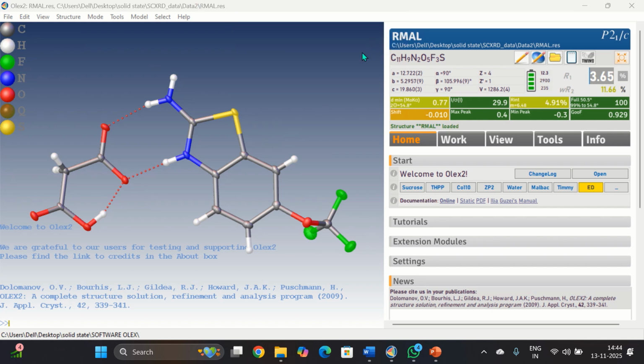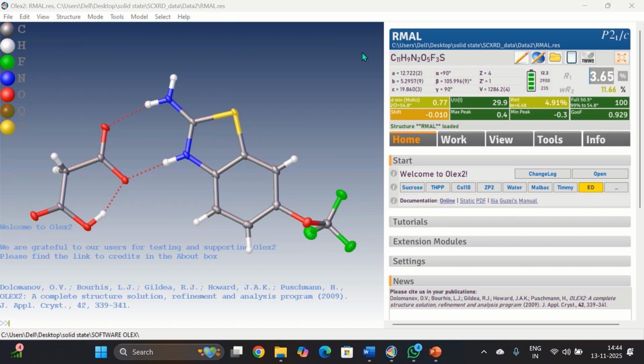So I first imported the HKL file which contains the measured diffraction intensities along with the corresponding INS file. If I upload the INS file, it reads that it must have an HKL file also, so they both open simultaneously. That defines the initial instruction for the structure refinement.